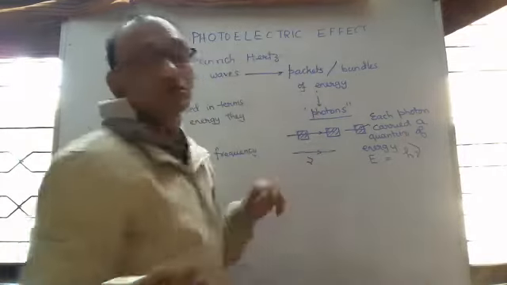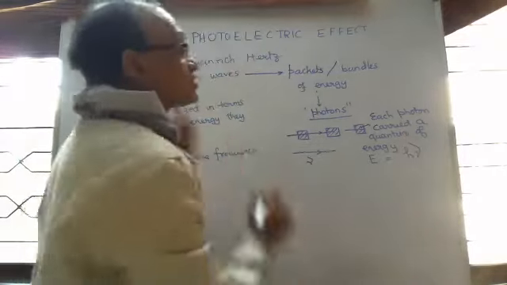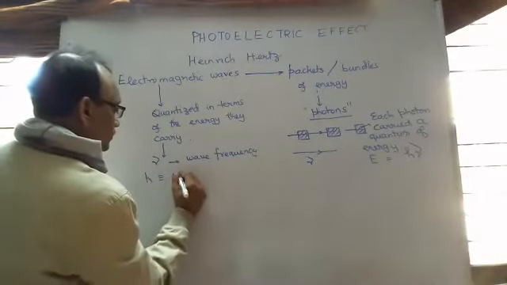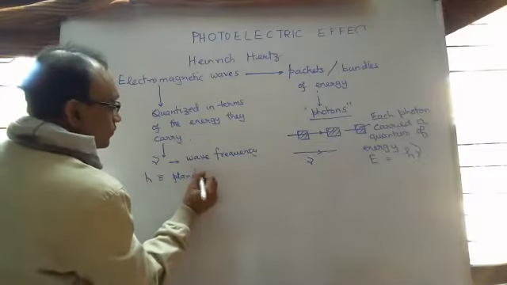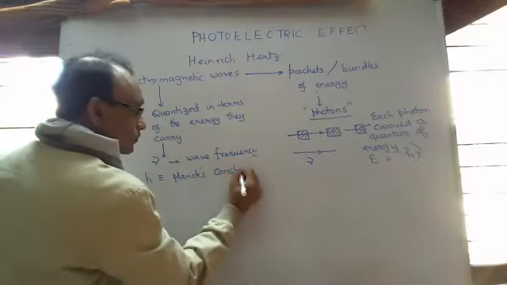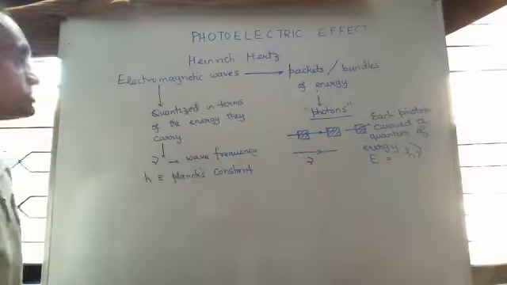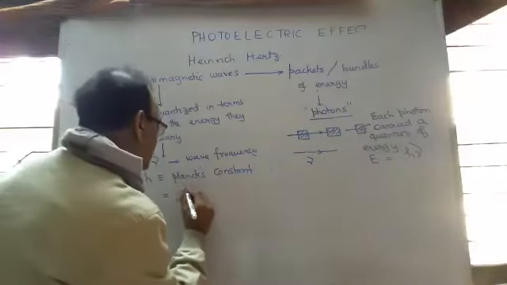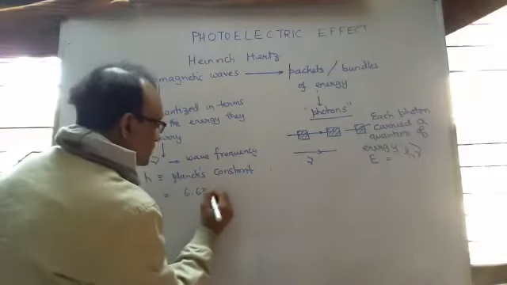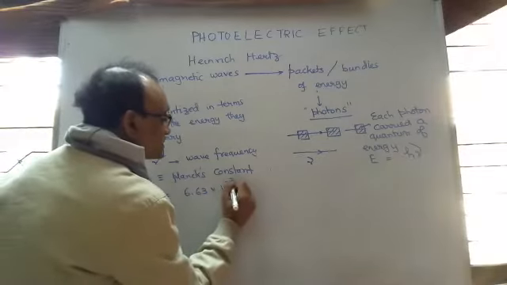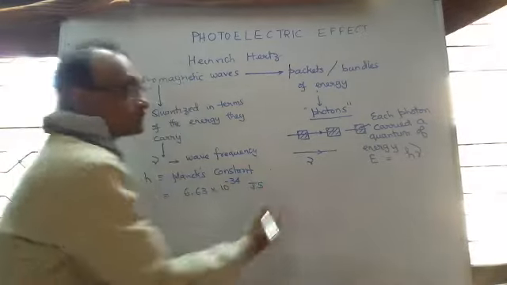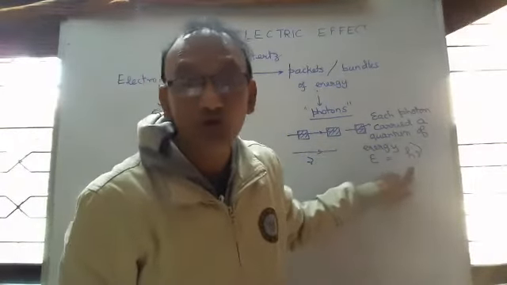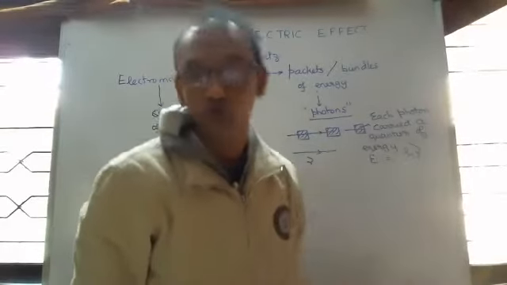H is a constant called Planck's constant, and its value in SI is 6.63 into 10 to the power minus 34 joule seconds. Realize that this is joule second, this is per second, so this will be energy in joules.